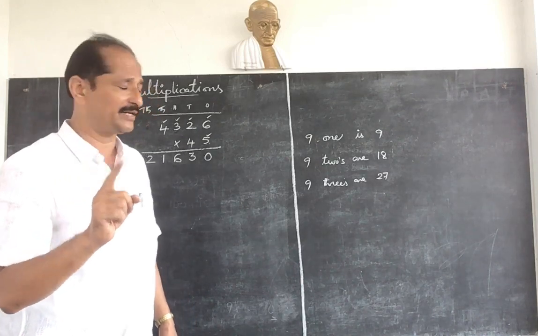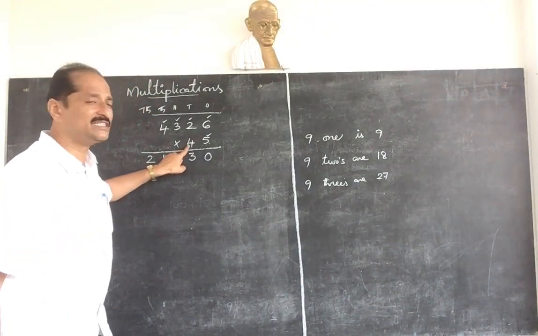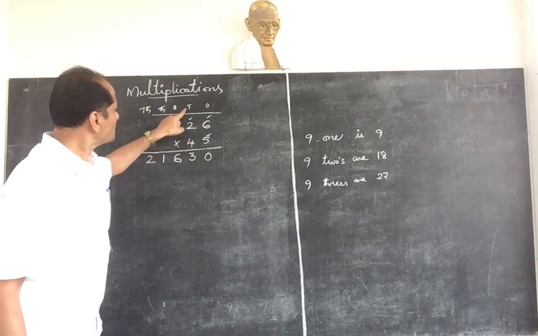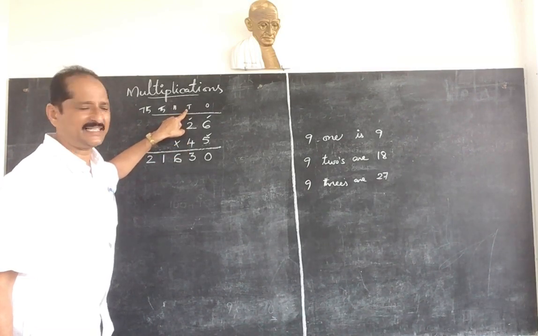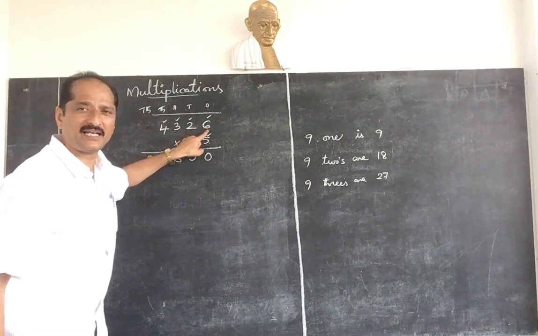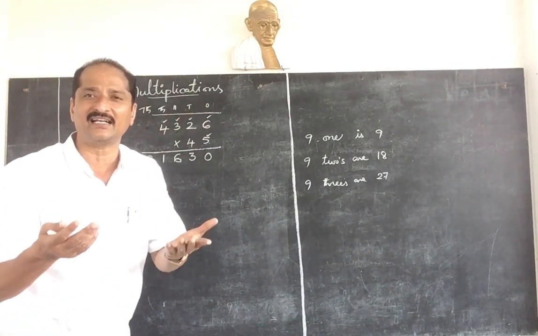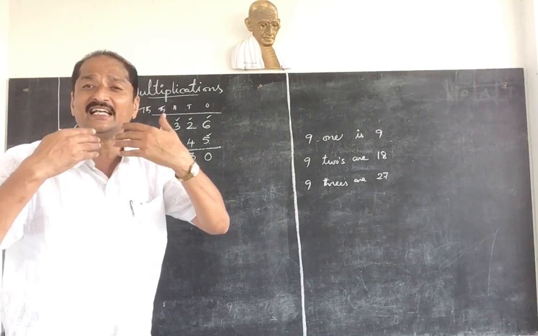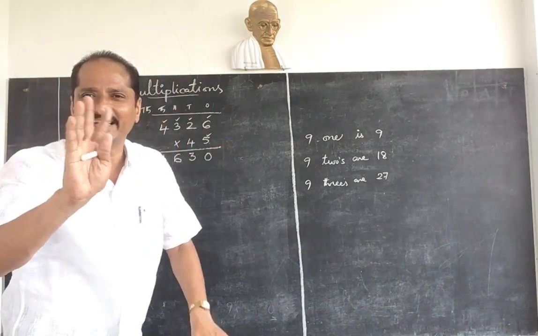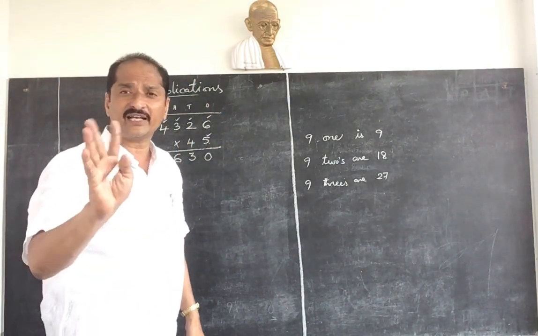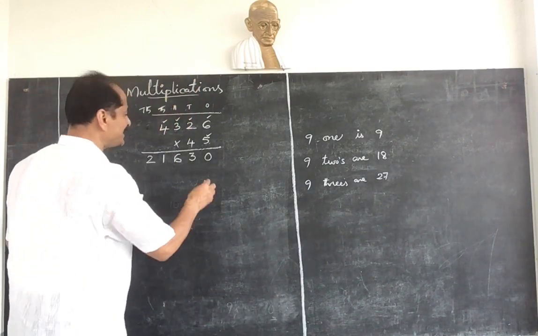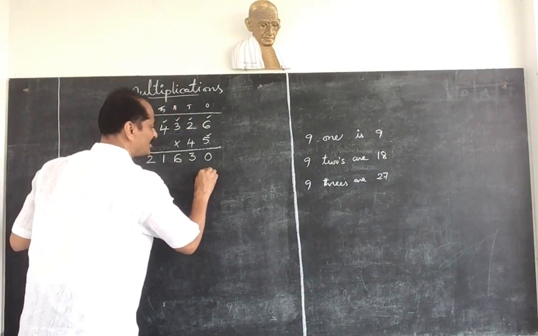All of you carefully observe. Now while you are multiplying, 4 is in which place? Tens place. 4 is in tens place. And 6 is in which place? Ones place. So 10 into 1, 10 ones are 10. Now here we are getting directly tens. We are not getting ones. So we are not getting ones means ones place 0.